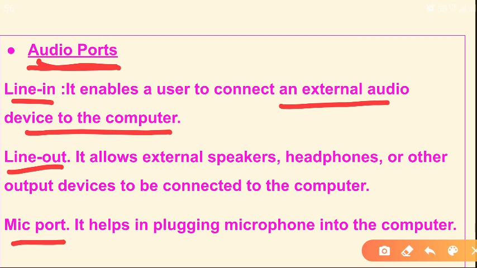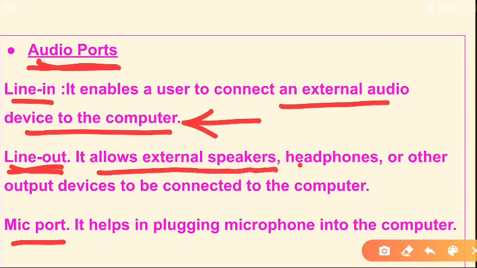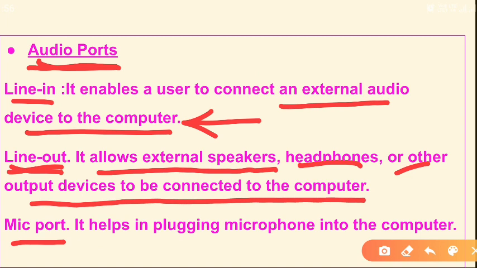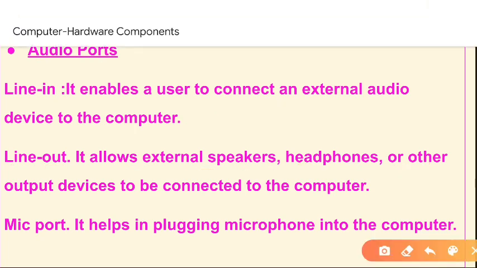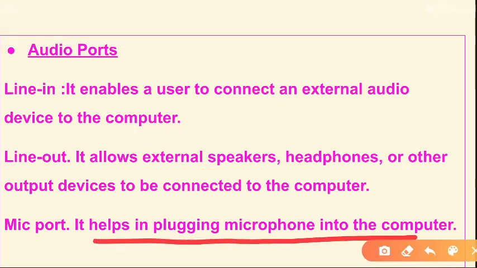If you want to connect an external audio device to your computer, you will connect it to the line in. Then next is line out. It allows external speakers, headphones, or other output devices to be connected to the computer. And the third type of audio port is the mic port. It helps in plugging the microphone to the computer.